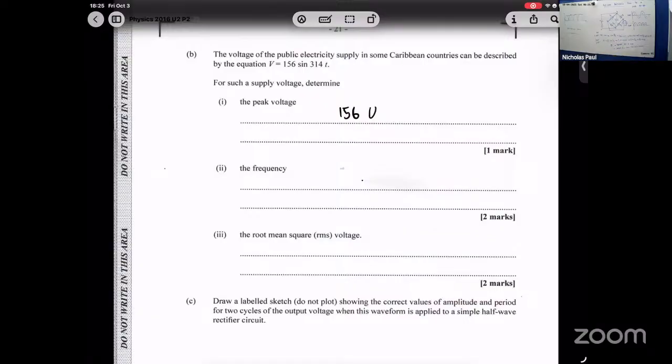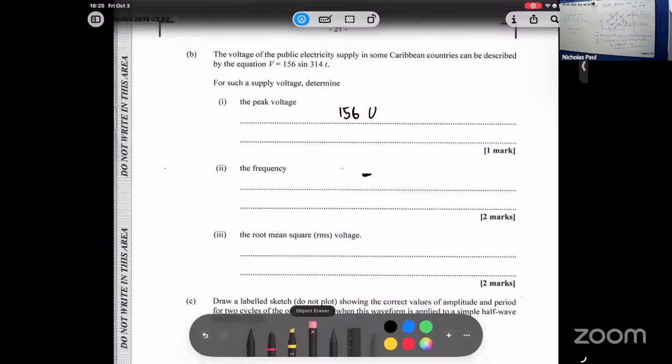So how do you get frequency? No, there's no pi there, that's just 314. So what does 314 equal to? 2 pi f. So write 2 pi f is equal to 314 and then find f.